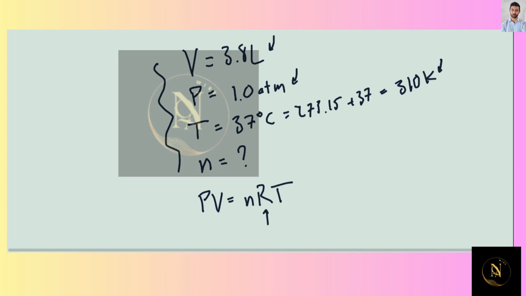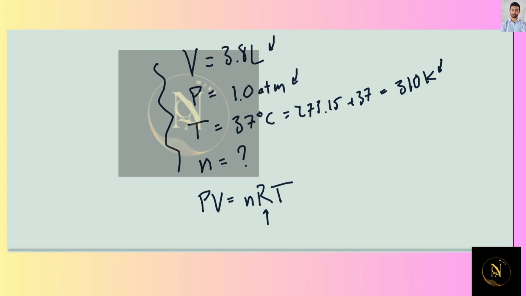Okay, so now we need to find R in units of Kelvin, atmospheres, and liters. You can find it in your textbook, or you can Google gas constant, go to Wikipedia, and they've got a table of all the different values of R in various units. So we said we want it for liters, atmospheres, Kelvin, and moles.